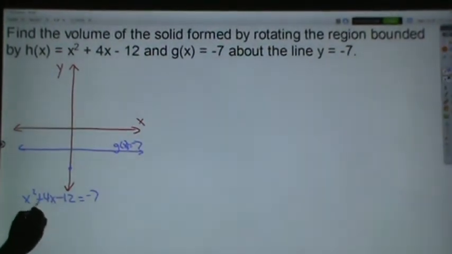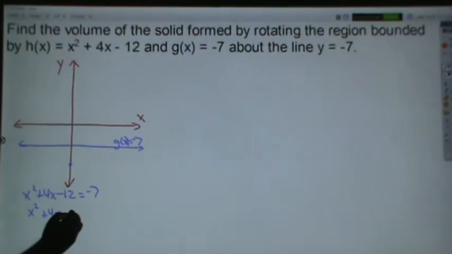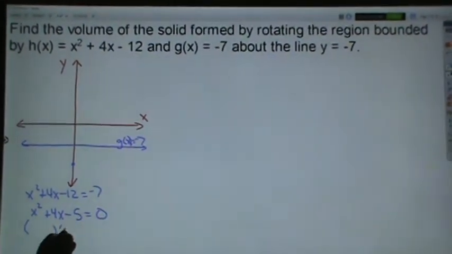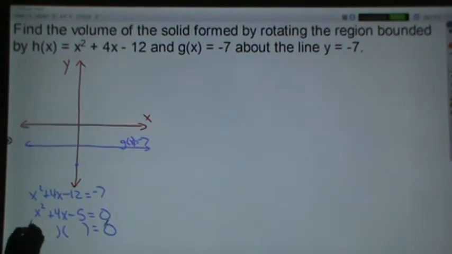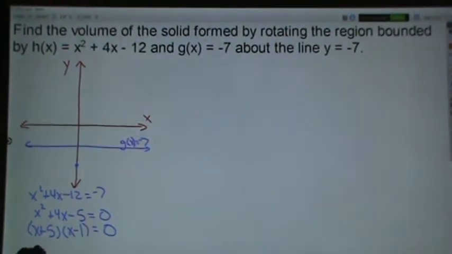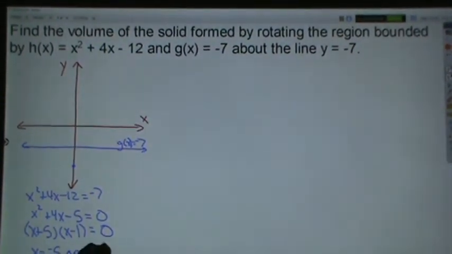If I add 7 to both sides, I get x squared plus 4x minus 5 equals 0, which is easily factorable into x plus 5, x minus 1. So x equals -5 or x equals 1.